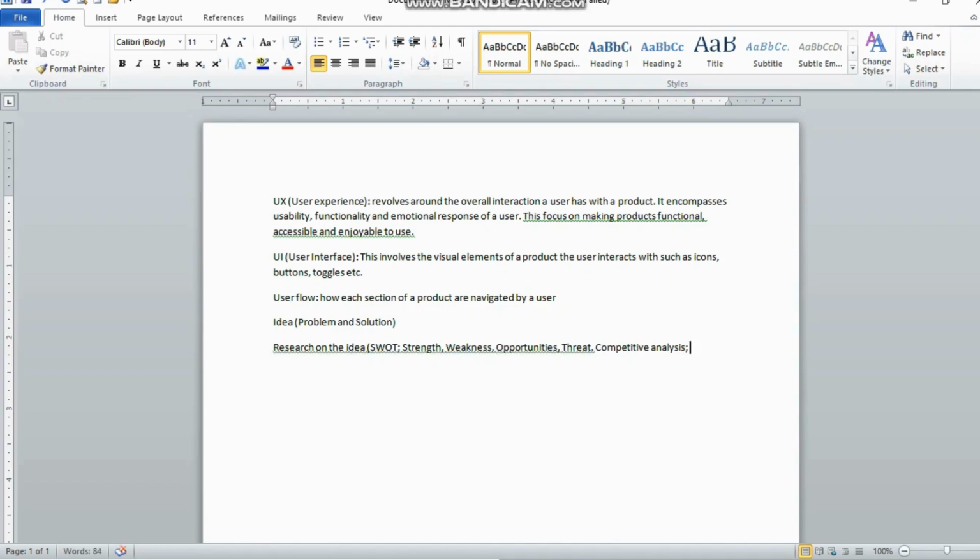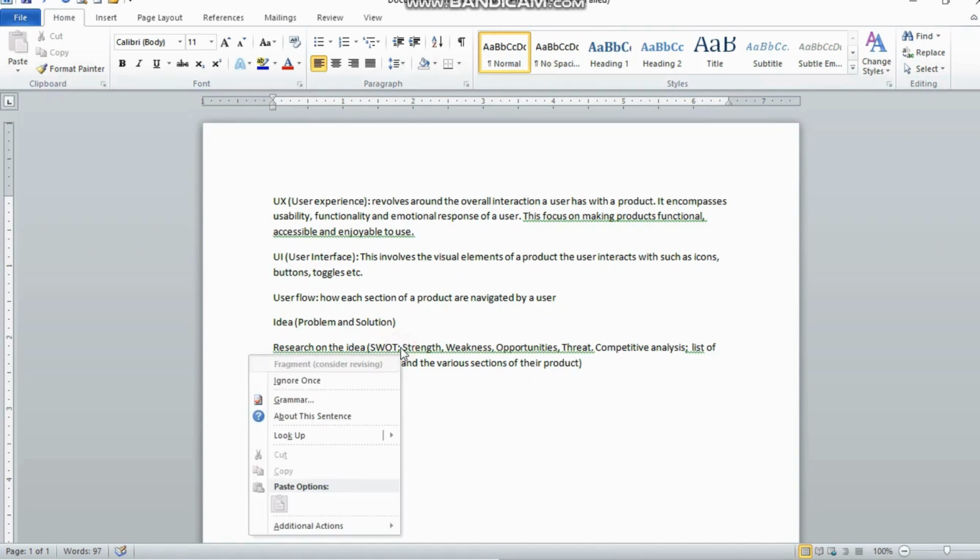Competitive analysis involves the list of competitors, what they have, and the various sections of their product. Very important. These two analyses are very key in your design stage.